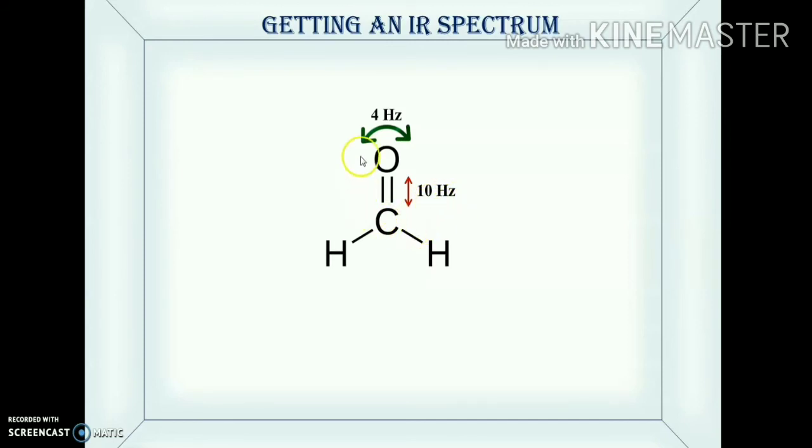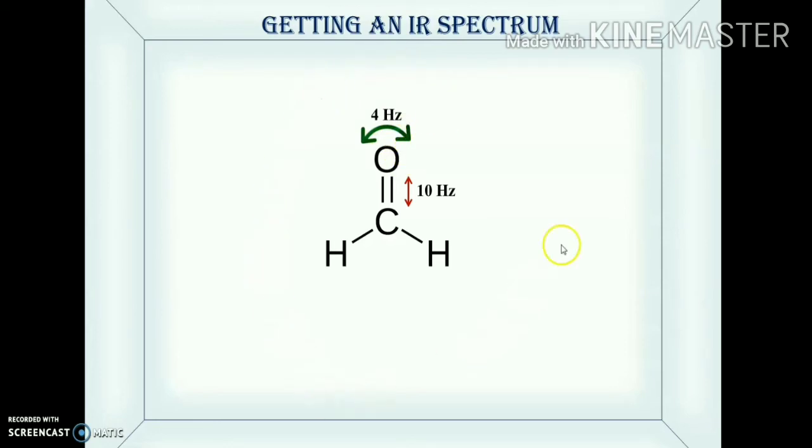So the stretching mode of vibration is, let us say, 10 Hertz. Although it actually shows a very high vibration frequency, for the sake of convenience we have taken a simple, lower value. So the stretching frequency of the carbonyl group here is 10 Hertz. Along with this, let's say it also shows a wagging motion with a frequency of 4 Hertz.